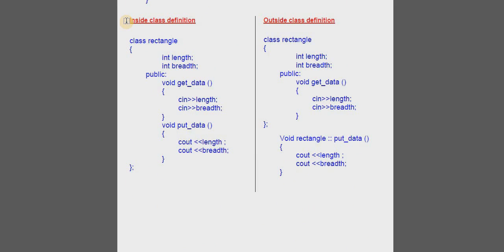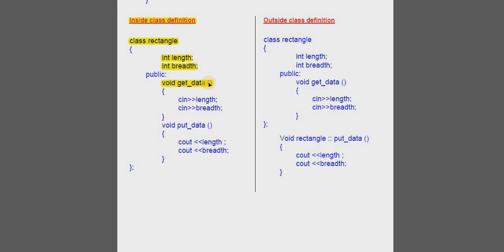Okay, if a member function is defined inside a class, means हमने एक member function को class body के अंदर define किया है. Example, this is class rectangle. So rectangle is the name of the class. This is data members and this is a member function. Why function?